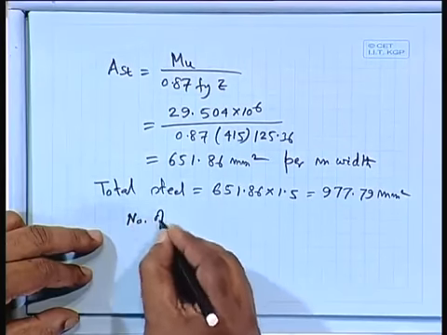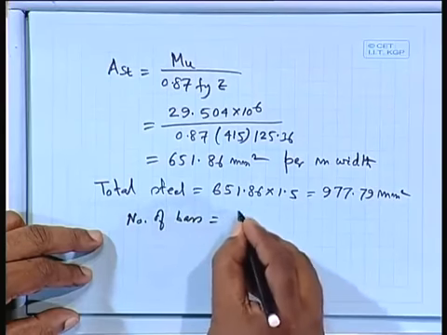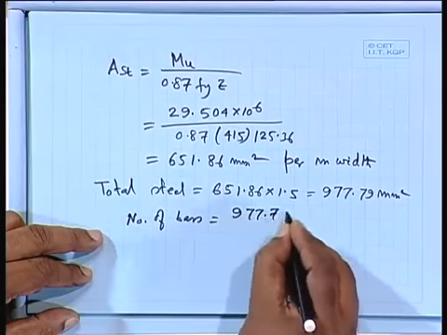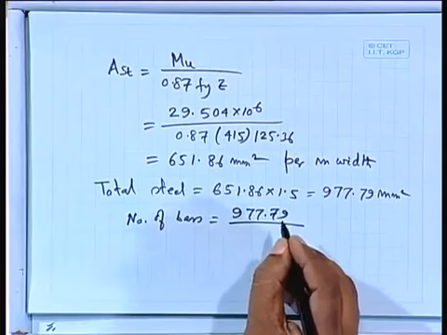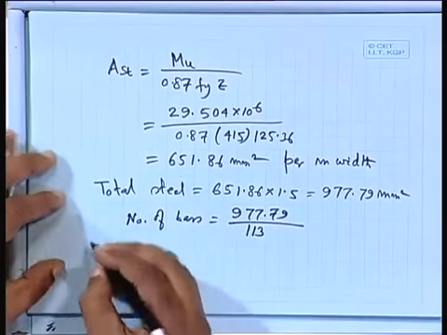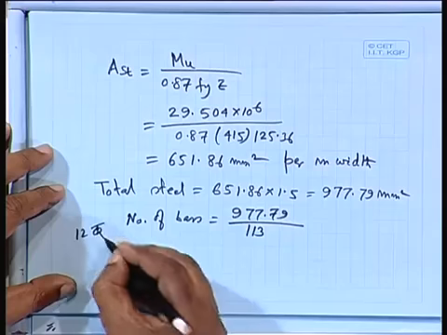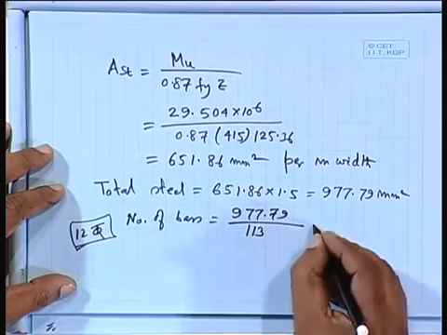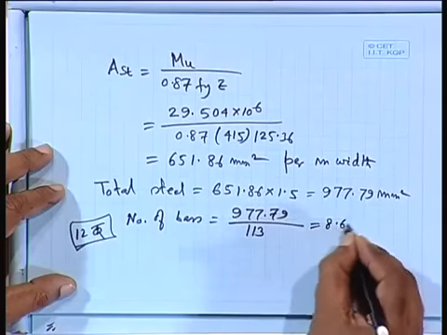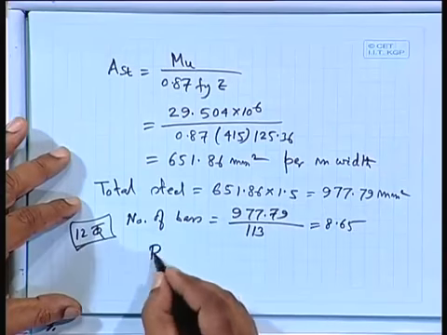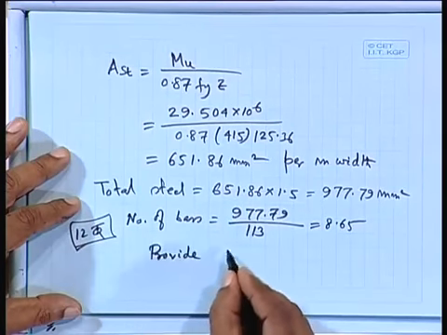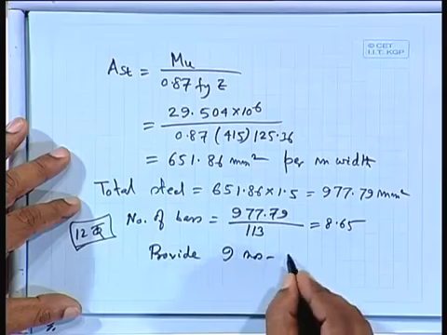So we can provide here the number of bars: 977.79 divided by 113 for 12 torr equals 8.65. So provide 9 numbers 12 torr.